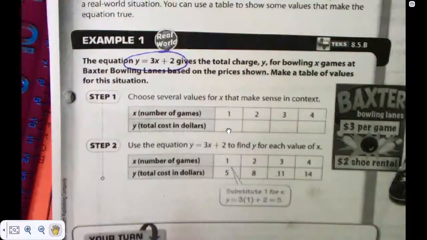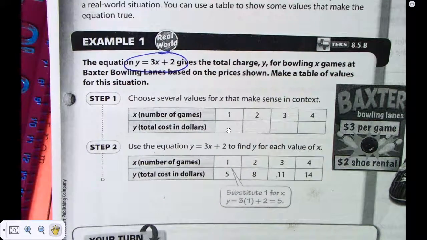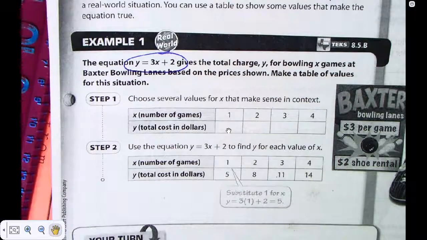Y equals, I'm going to make it a little bit bigger now. Y equals 3x plus 2. Who knows where you've seen that before? Y equals 3x plus 2. Maybe different numbers.